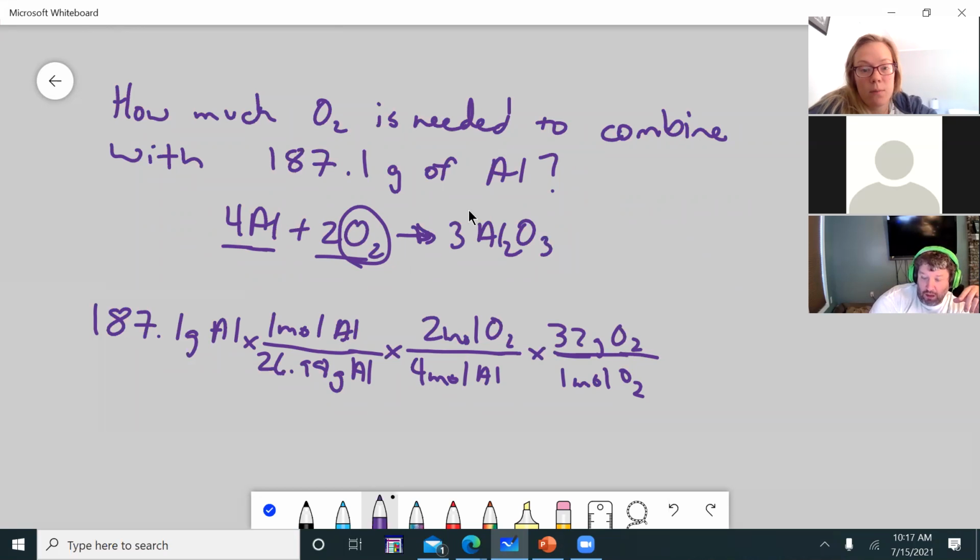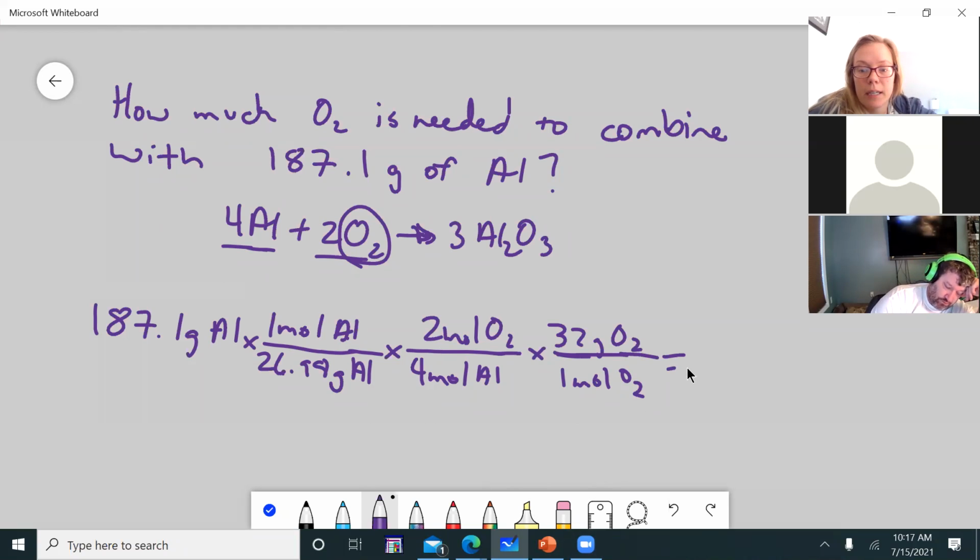And again, some people will say, well, but there's 2 of those, so shouldn't it be 64? No, you took the 2 into account in this middle step. You don't repeat that on the ends. The tails are 1 mole. The middle is where the coefficient goes. So we plug this in: 187.1 times 2 times 32 divided by 26.98 divided by 4.